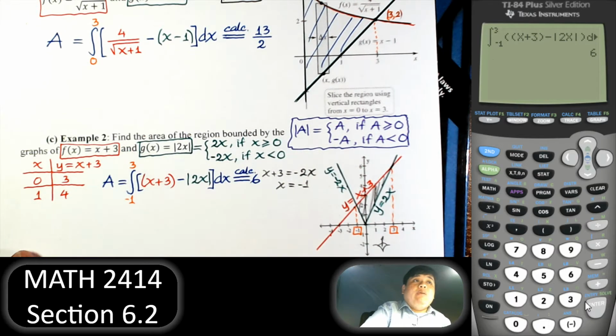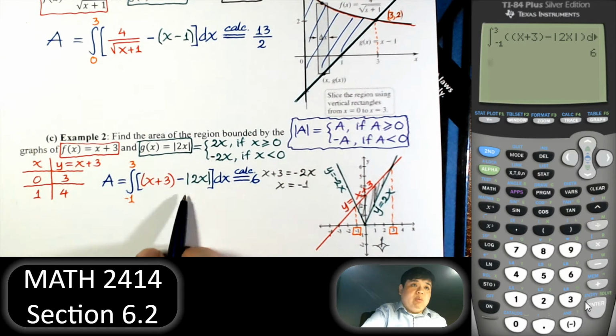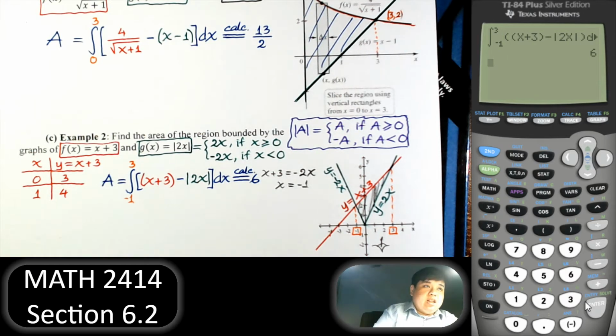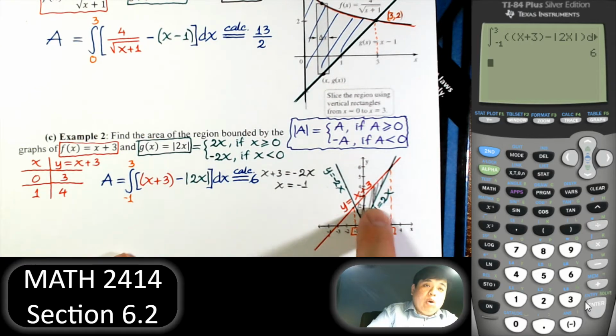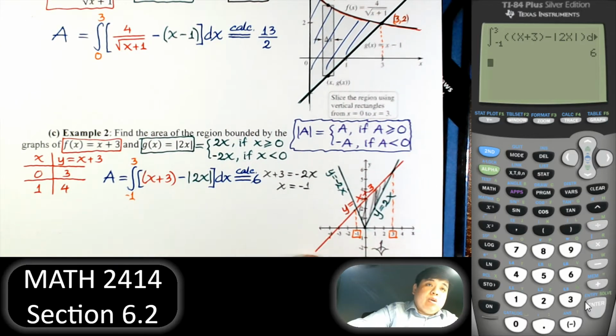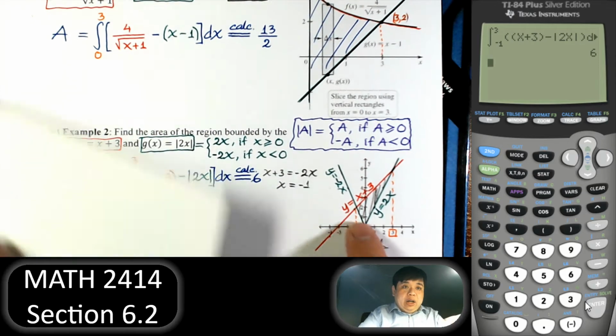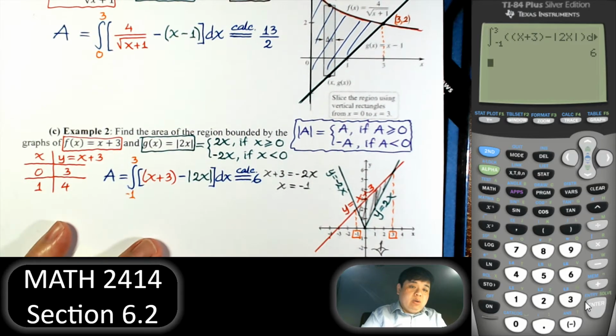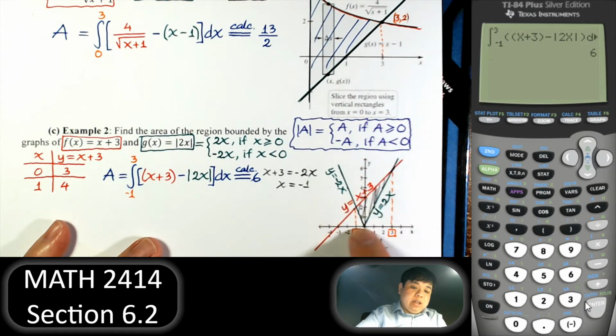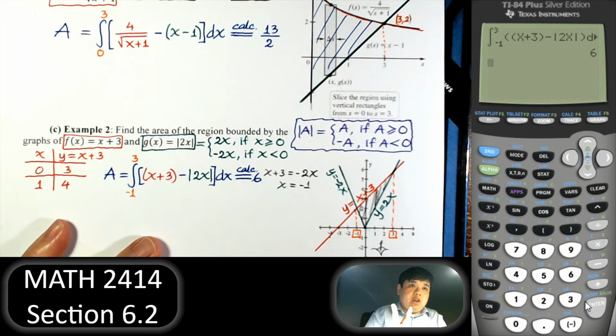Right. However, if we do it by hand, we'll never integrate an absolute value. We have to write that as positive and as negative. So the bottom line is, when we look at this one, it is bounded above by y equals x plus 3, but the lower boundary consists of two functions.